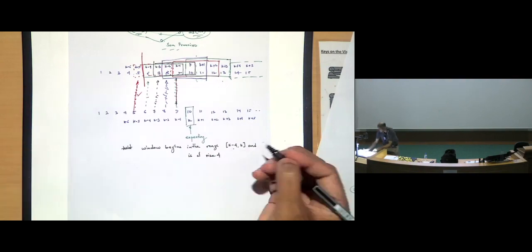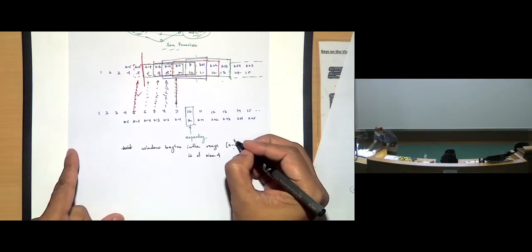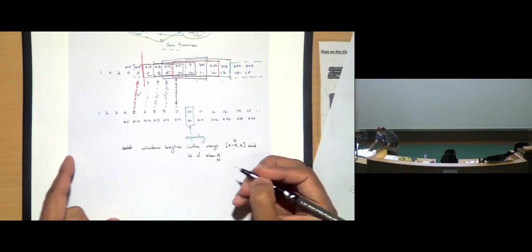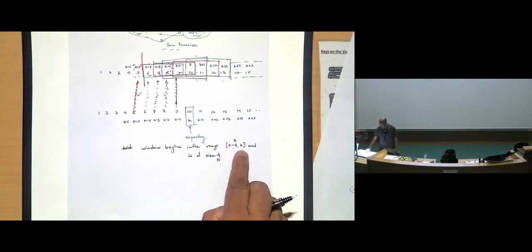So this is the starting point, either k minus 4 or k minus 3 or k minus 2 or k minus 1 or k, and then on the other side will be plus 4. If you want to do it in terms of n, you just replace 4 by n, we have k minus n to k, and the window is of size n.